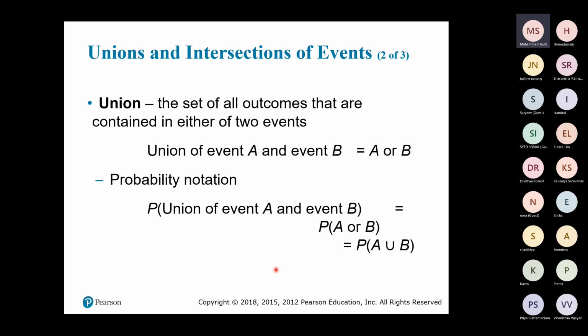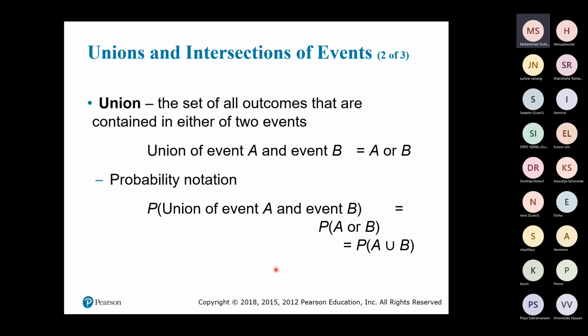For example, we throw a dice. We want to know the probability that you will get number 2 or number 4. It means that you want to know the probability that you can get either number 2 or number 4 from the dice throwing event. So that is union.